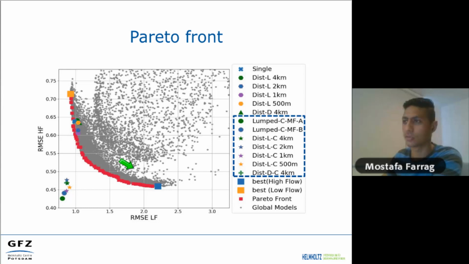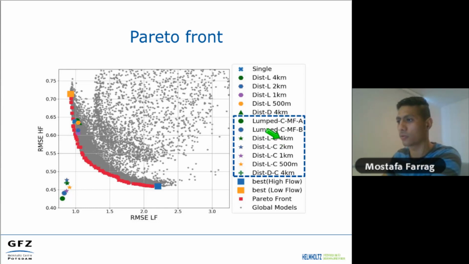So as a result, at the end, we concluded that using this committee model to combine this model and this model will result in a better model than any single model. The best model was this one, which is lumped, not distributed, and using those two scenarios of membership function A and weighting scheme.